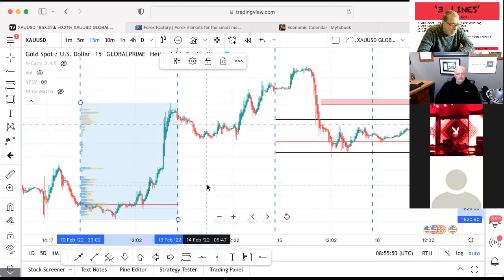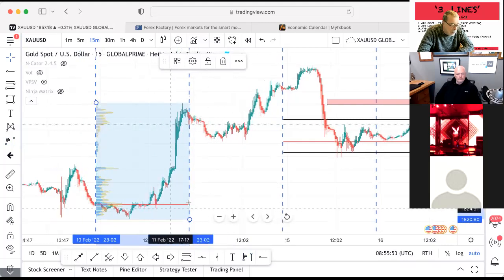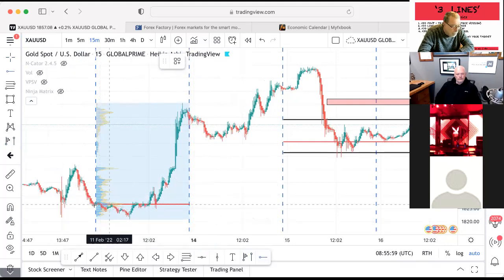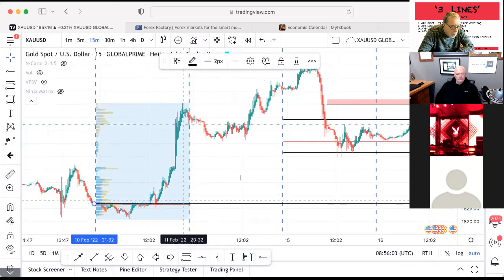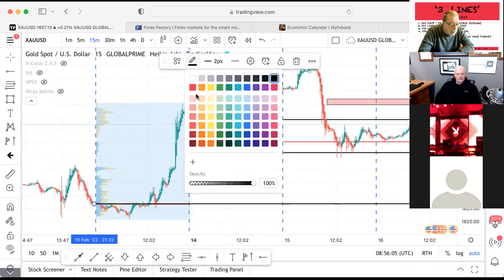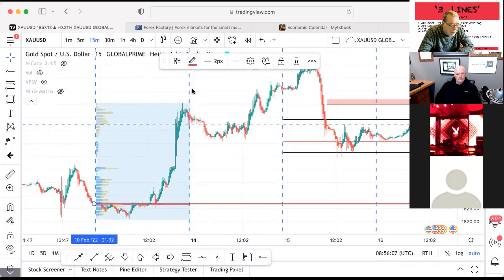So you would have been looking at the point of control going here. Yeah. So I'll extend that. So that's our point of control for Monday. I'll make it red. So this is the line we're looking at.